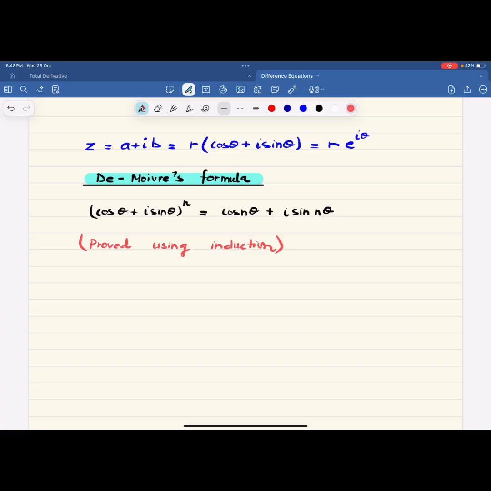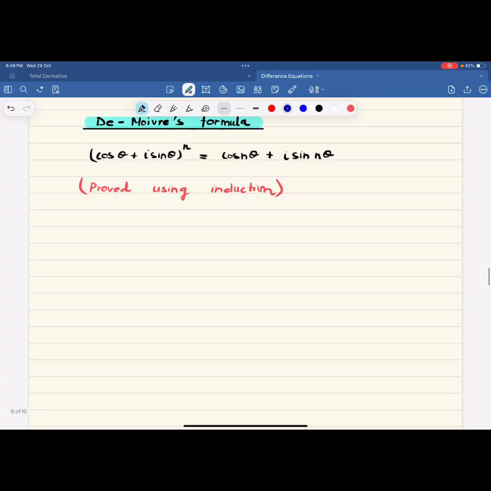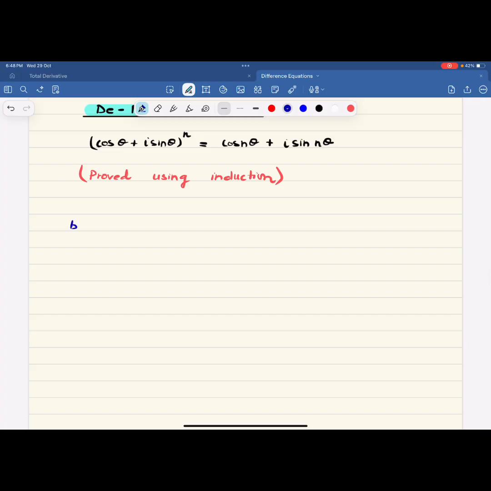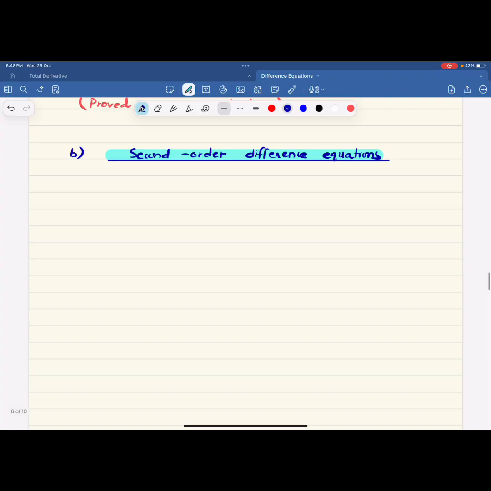Okay, now we are in a place where we can start solving second order difference equations. I'm just going to write a generic format in which these usually appear, and I'm going to take an easy generic example.